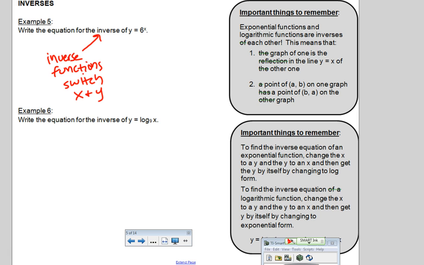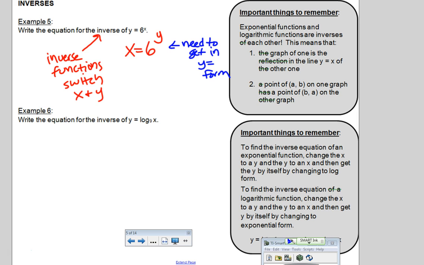Okay, so if I want to find the inverse of y equals 6 to the x, I'm going to switch a y to an x and an x to a y. And as always, we get it back in y equals form. And in order to get to y equals form, we do this when we do solving.